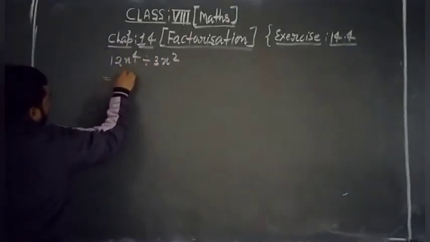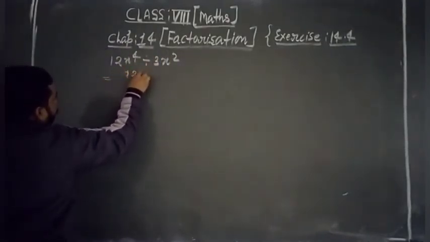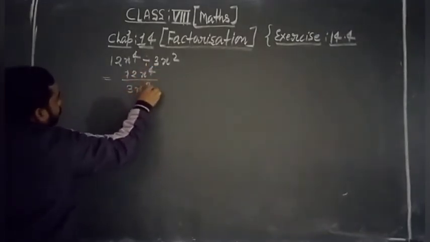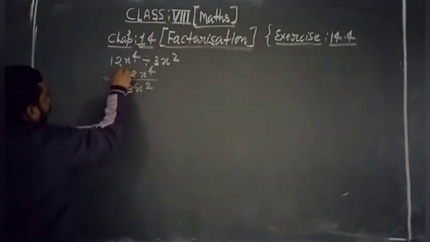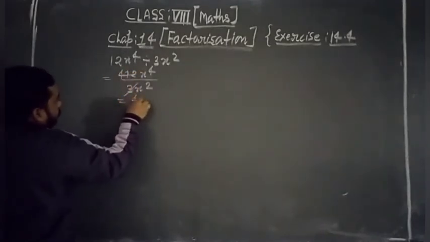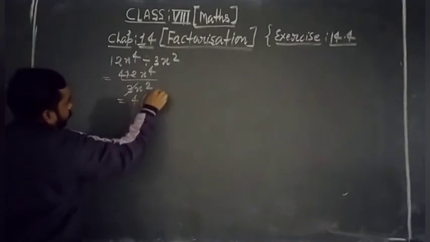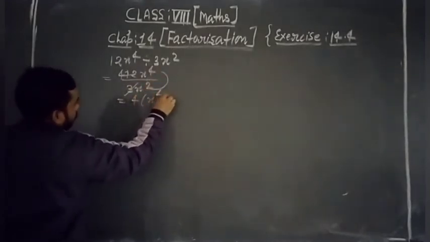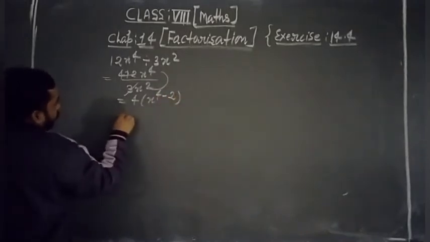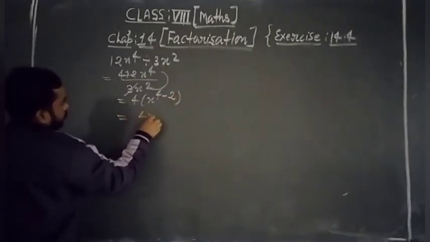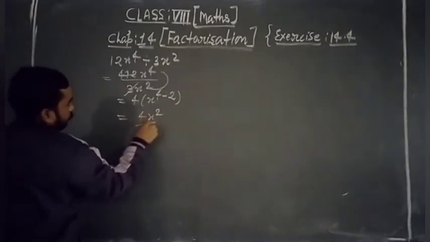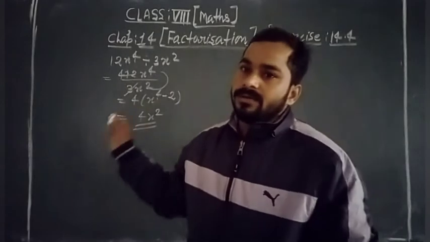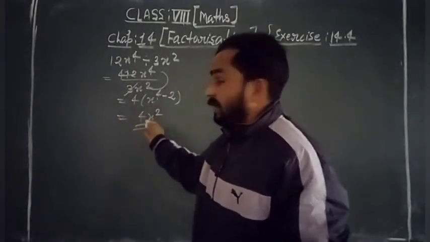Then we have to divide 12x to the power 4 by 3x square. 3 fours are 12, so 4x to the power 4. This power goes to the numerator, then it will be negative by the rule of exponents. So 4x to the power 4 minus 2, 4x square. So when we divide, we have 4x square.